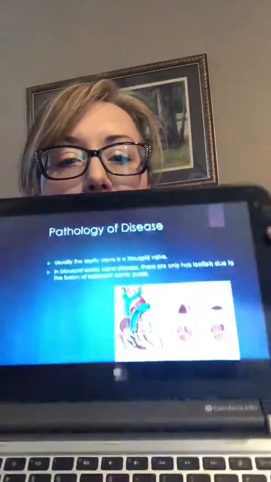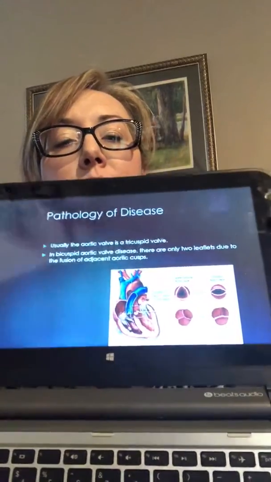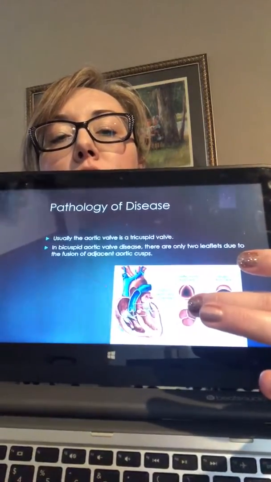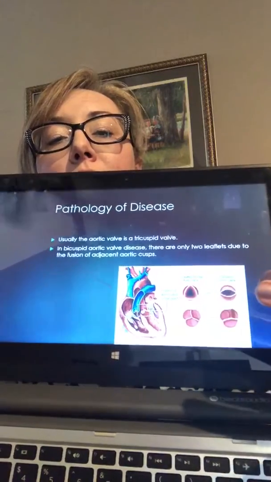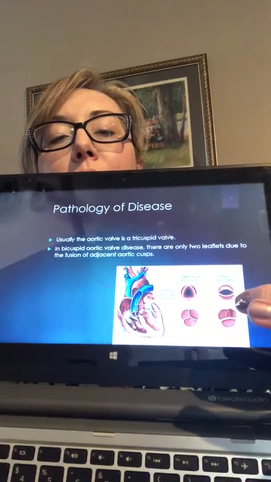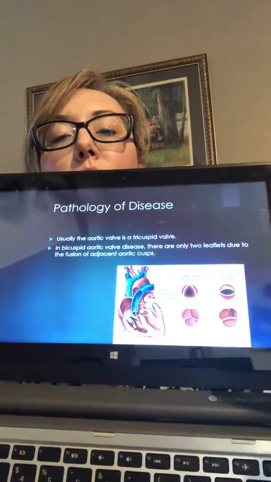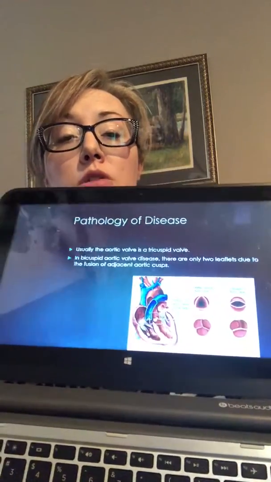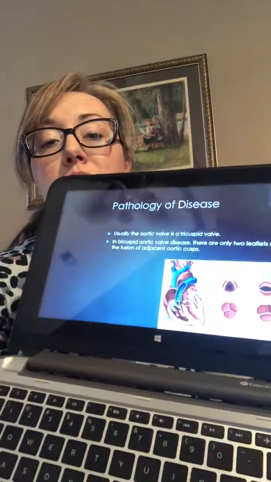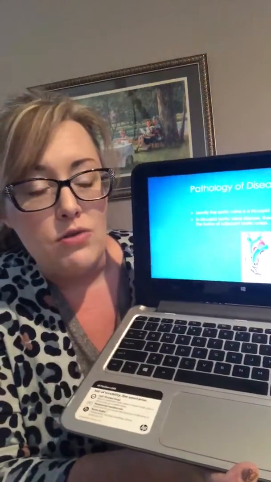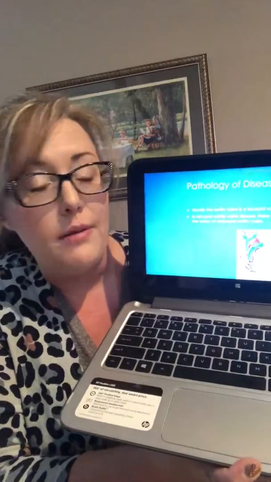If we look at this diagram, you can see that this is a normal tricuspid valve, and this is the abnormal bicuspid valve, and the valve doesn't close all the way or completely. So what happens is it causes a regurgitation of blood flow back into the left ventricle, and then it causes some issues with the heart.